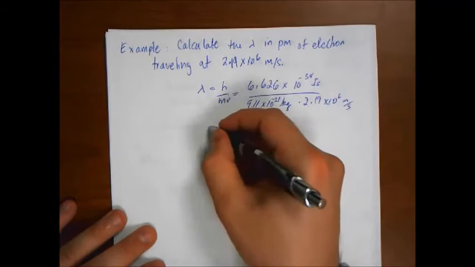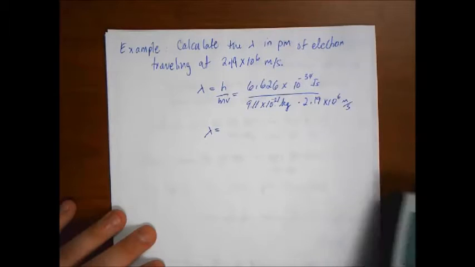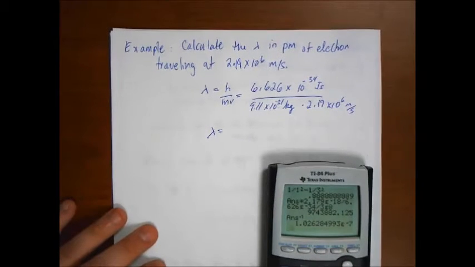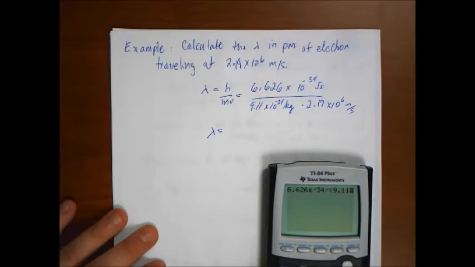So we're just plugging this in. 6.626 times 10 to the minus 34 divided by 9.11 times 10 to the minus 31 divided by 2.19 times 10 to the 6th. There must have been a mistake there somewhere. I made a mistake. See, I put a division sign.